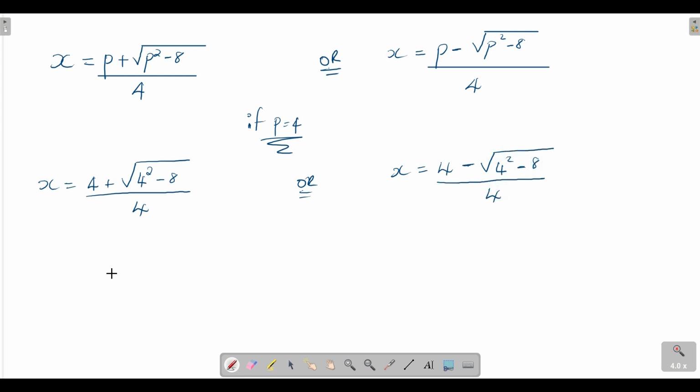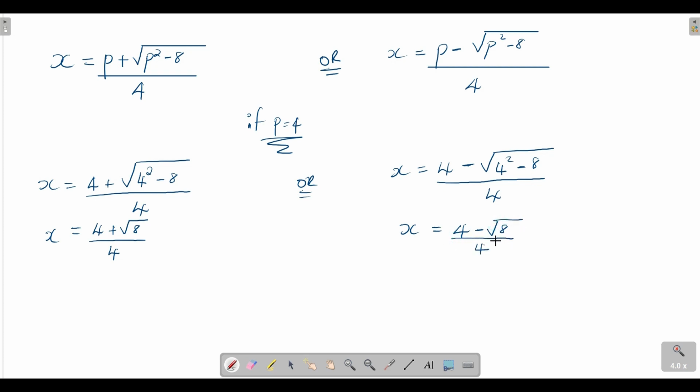Right? So if you simplify this further, it's going to be 4 plus, 4 squared is 16, minus 8 is 8. So it's going to be 4 plus the square root of 8 all over 4, or x is equal to 4 minus the square root of 8 all over 4, since 4 squared is 16 minus 8 is still 8.